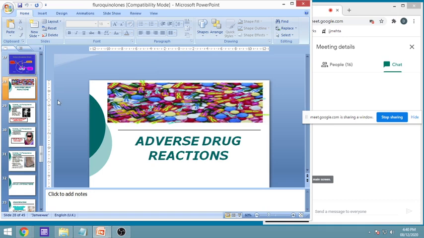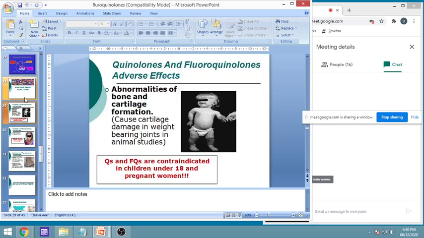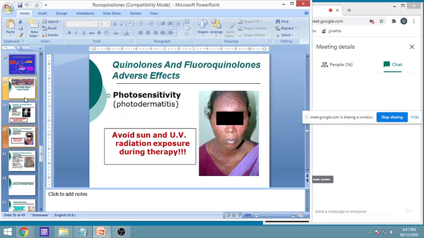Adverse effects which are prominent are abnormalities of bone and cartilage formation. Bone and cartilage damage occurs in the weight-bearing joints in animal studies. Then it causes photosensitivity, and you can see skin allergy.